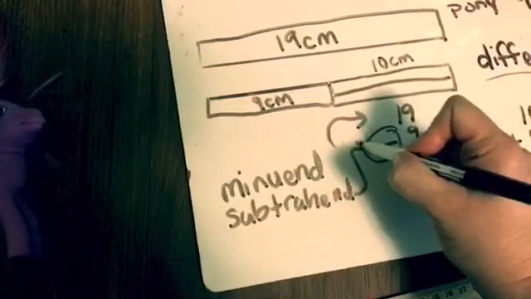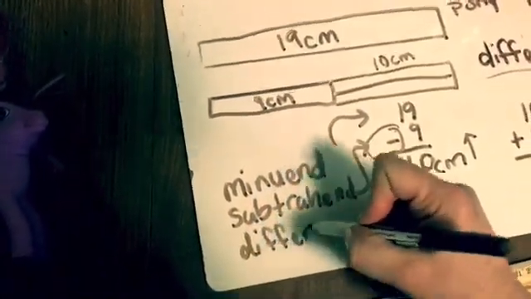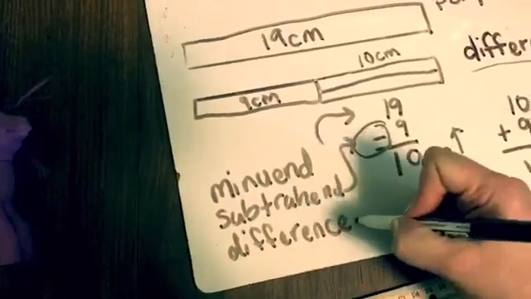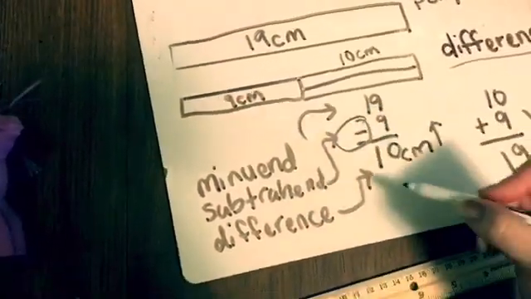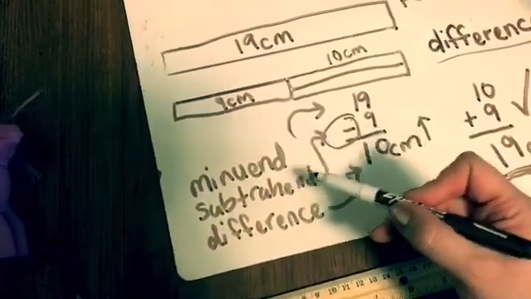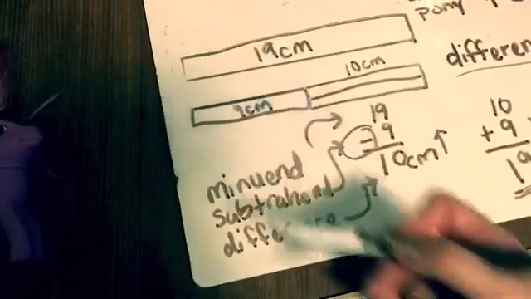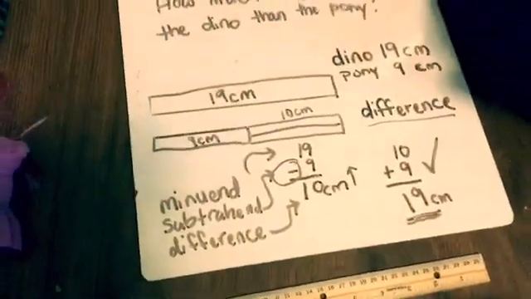So that's the next number. And then the difference is the answer. Minuend, subtrahend, difference. And we use that term a lot when we said, when the subtrahend is greater, borrow from the neighbor. Okay, in this case we didn't have to do that.